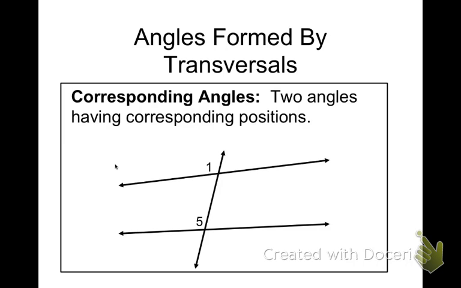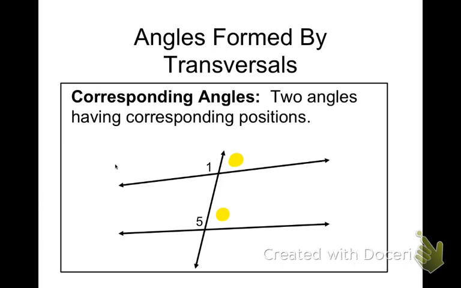If I was looking at this angle up here, just watch, don't mark. This angle would have a corresponding angle where? So this is top left, this is top right. If I go down here, where's the top right? Right there. You see it?